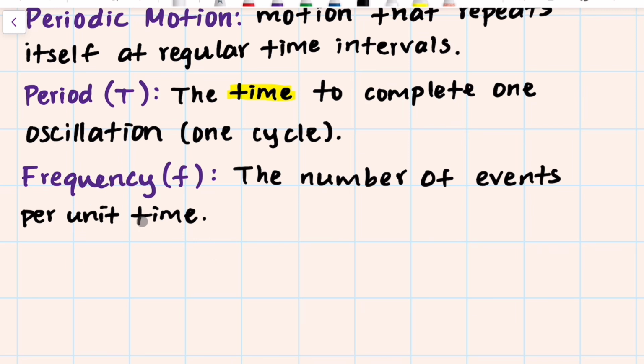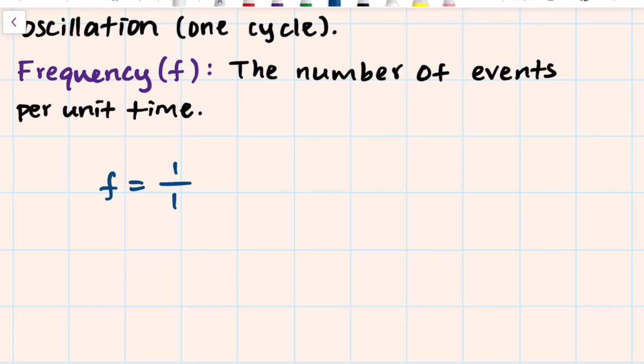So now let's define the mathematical relationship between period and frequency, which is rather simple. Frequency is equal to 1 divided by the period. Likewise, the period is equal to 1 divided by the frequency.